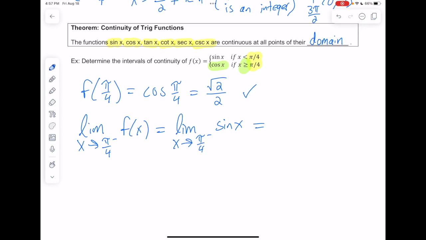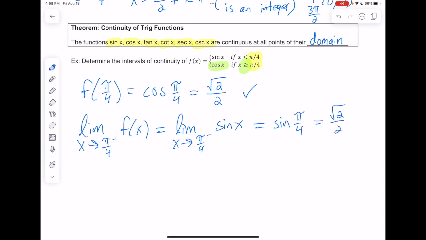Because we know that for a continuous function, the limit exists and equals the value of the function there. So the limit of sine of x as x approaches pi over 4 from the left can just be found through direct substitution, sine of pi over 4, which is root 2 over 2.